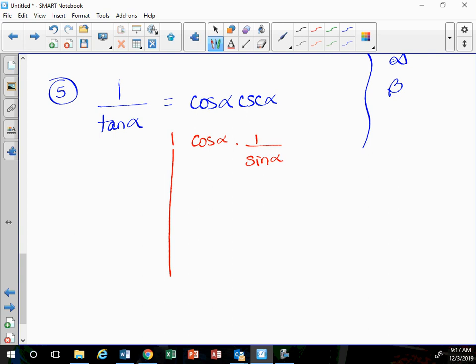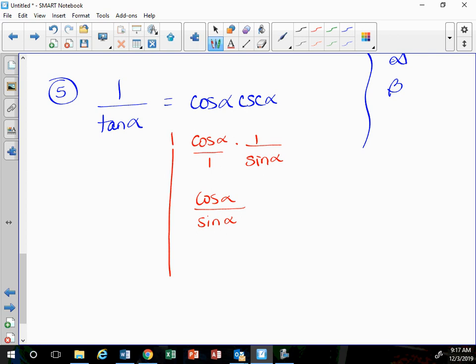All right, so on the right side, are we okay with cosine times 1 over sine? Think about if you need to write, this is over 1, and then remember how you multiply fractions. Numerator times numerator, denominator times denominator. You have cosine alpha over sine alpha. As you're working through these, if you get to that point and you don't really know what else to do with that, maybe I should look at the other side.